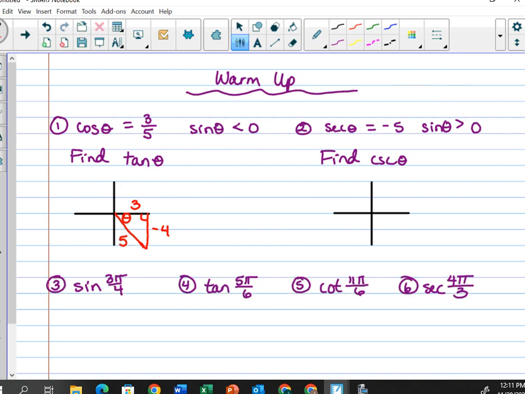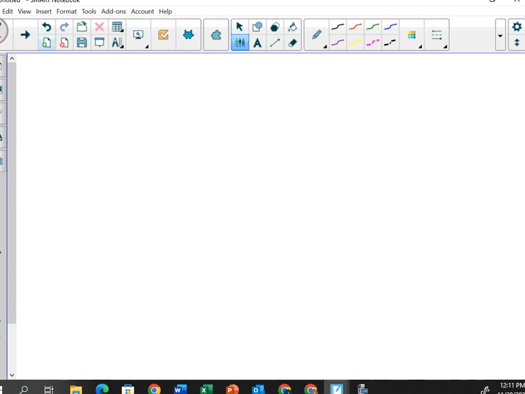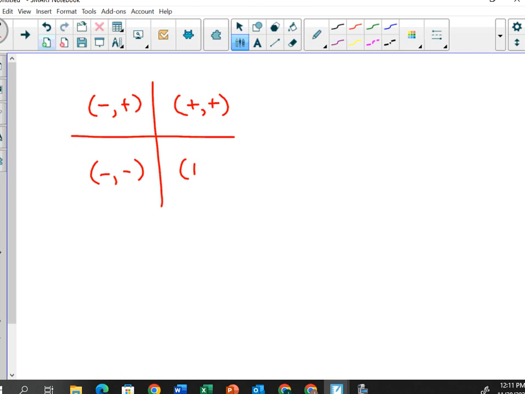So cosine, I know is the x value, right? And sine, I know is the y value. So I'm literally just thinking through the quadrants. First quadrant, x is positive, y is positive. Second quadrant, x is negative, y is positive. Third quadrant, both negative.